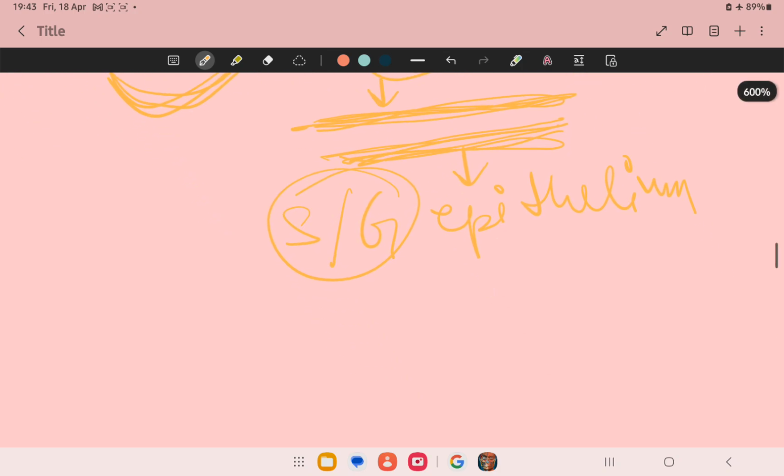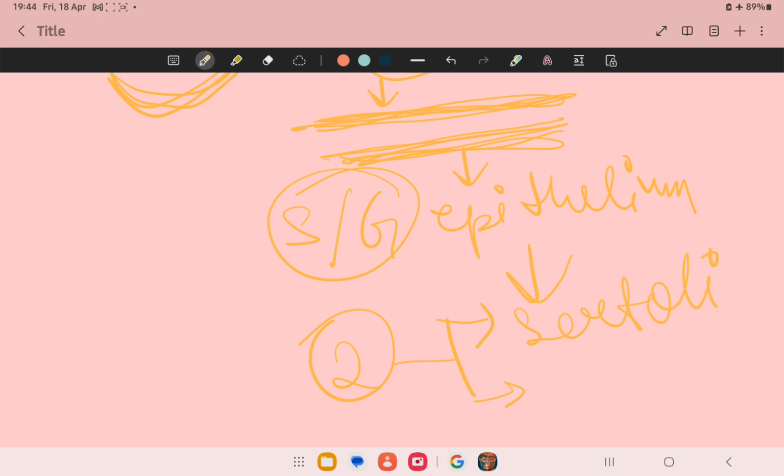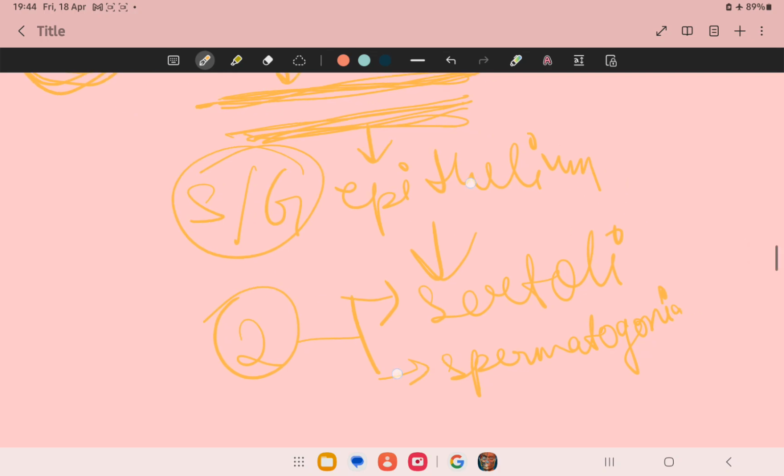This epithelium tissue is again made up of two types of cell. First is the Sertoli cell and second is the spermatogonia. Okay.